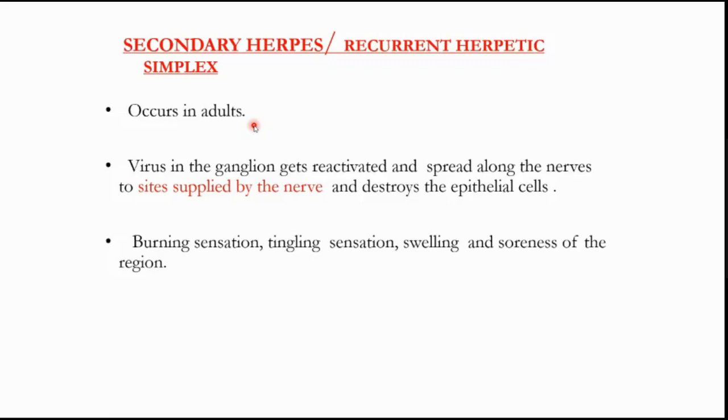It basically affects all the areas supplied by the trigeminal nerve. There is a burning sensation, tingling sensation, swelling, and soreness within the affected area, and it heals without scarring again within 1 to 2 weeks.